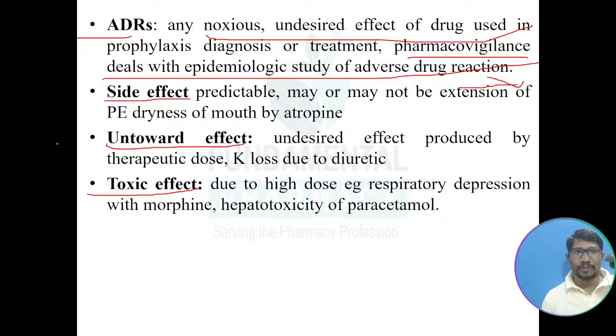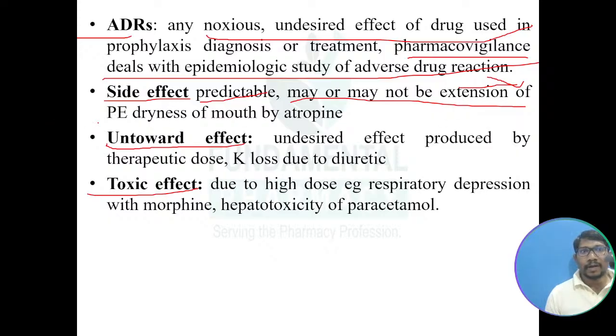All three terms denote adverse drug reaction, but they are different. What do you mean by side effect? Side effects are predictable. They may or may not be an extension of the pharmacological effect.